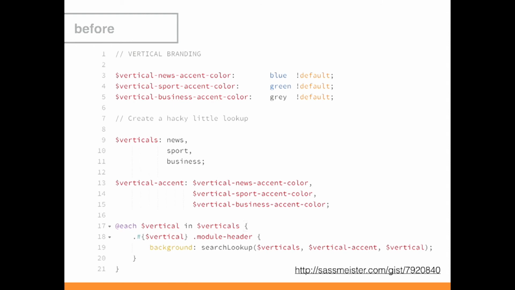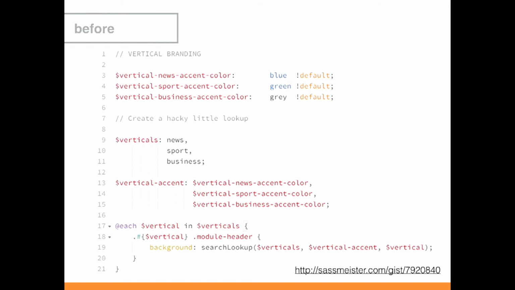And all we want to do is give a module header a color, but we've got to write a custom Sass function that synchronizes all these variables together based on their indexes. It seems hacky, as it says, create a hacky lookup. So some of the things that we'll be exploring in the new year is how we can go back to things like this and improve how we use them.